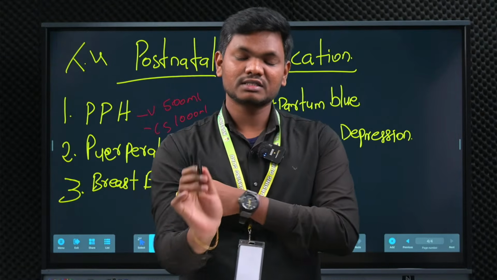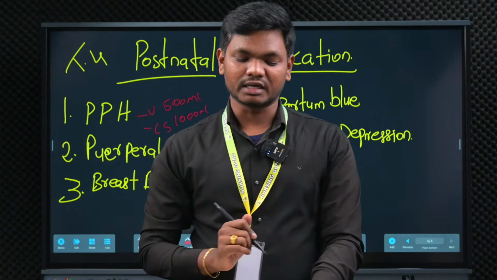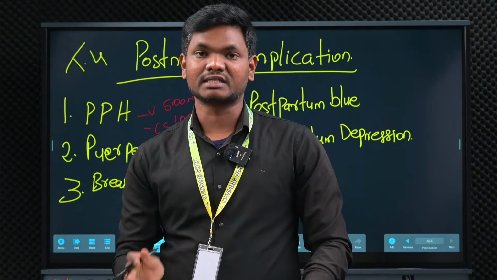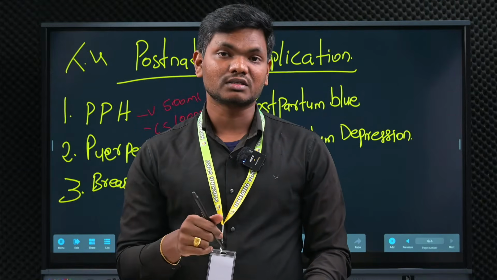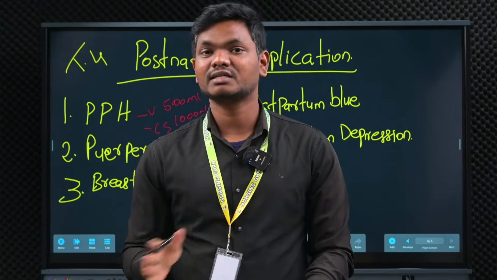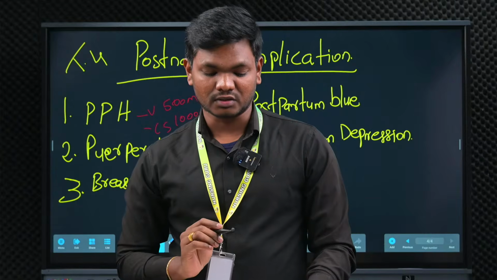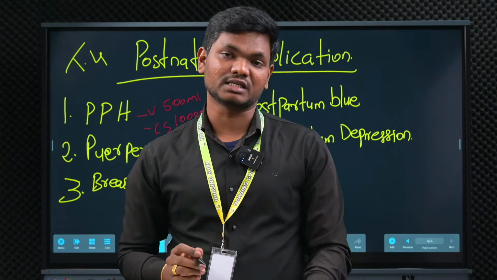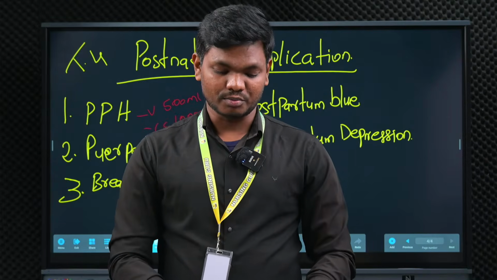The next one is uterine contraction, which you have to check, and placental completeness, because one of the etiologies is retained placenta. When the placenta is not completely delivered, that may lead to PPH. Then blood investigation can be done. So these are the diagnostic procedures.